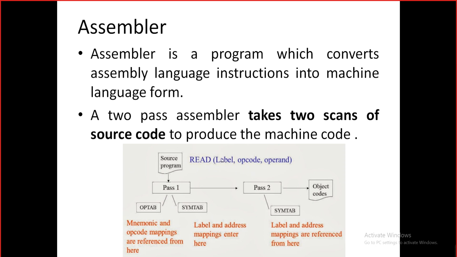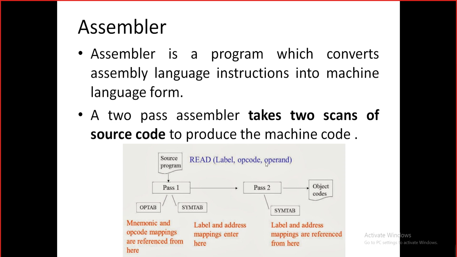Firstly, we'll have a label, then we'll have some opcode, and then we have the operand. This operand can be two operands, so we have another, fourth thing that we scan from the input document, that is operand 1 and operand 2. So four things at a time we can scan at max from the input document.